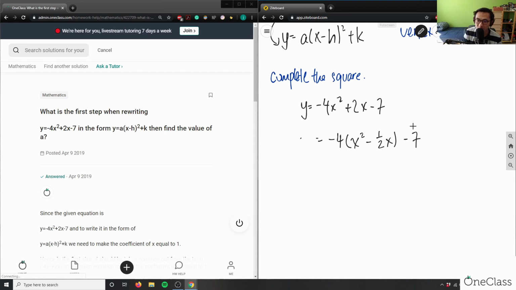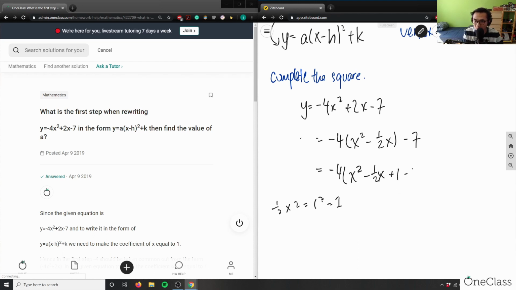What happens next is we have to complete the square. So we have negative 4, x squared minus half x. Then we take this b term, the half term, and first double it. Half times 2 is 1, and then we square this term. 1 squared equals 1. We say plus 1 and minus 1 here, just to make our perfect square trinomial.